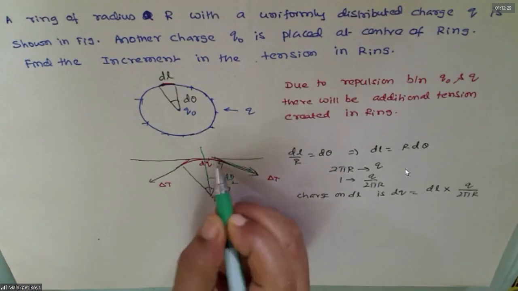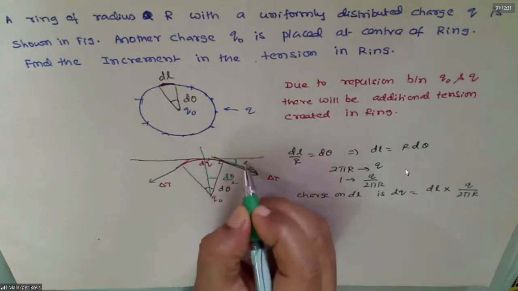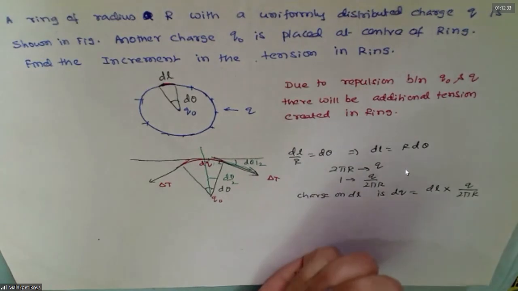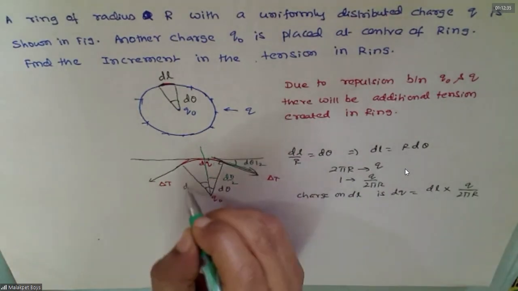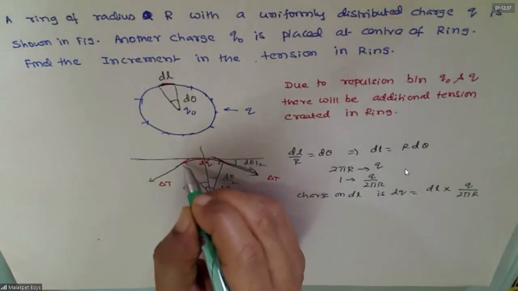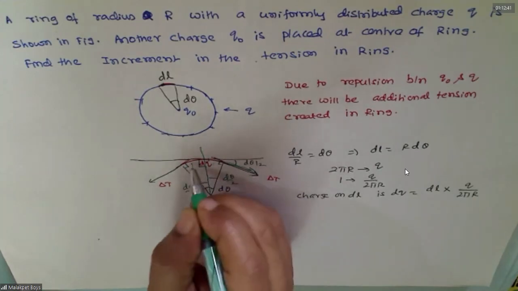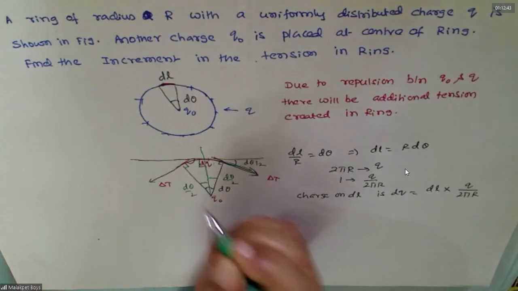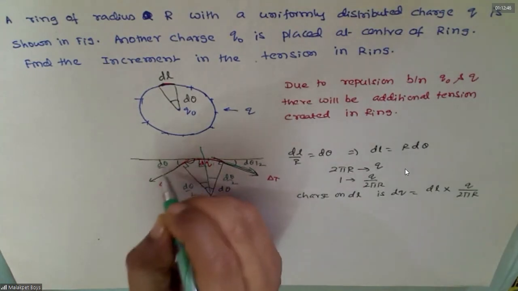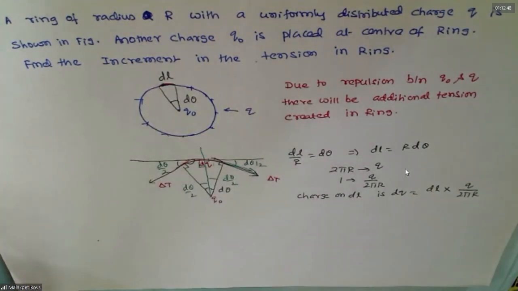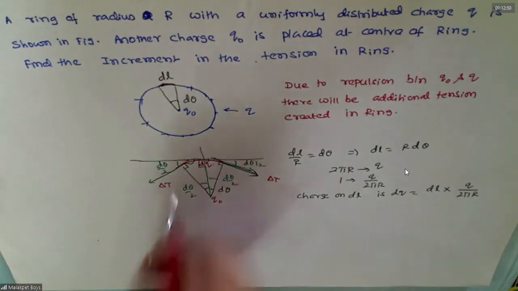So in the quadrilateral, this is 180 minus d theta by 2. Similarly, this is d theta by 2. This is radius, this is tangent, so this is also radius and tangent. So this angle will be 180 minus d theta by 2. This is also d theta by 2. Understood this? We come across this many times.